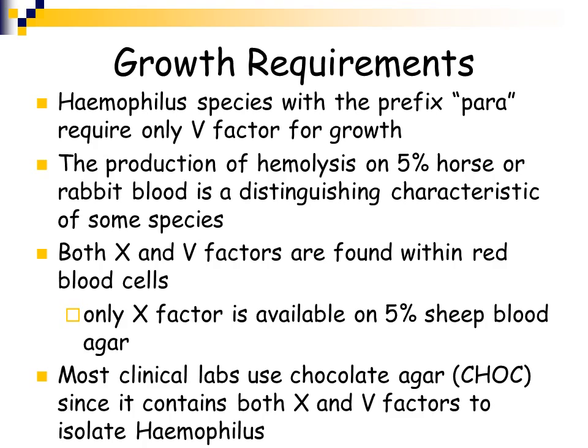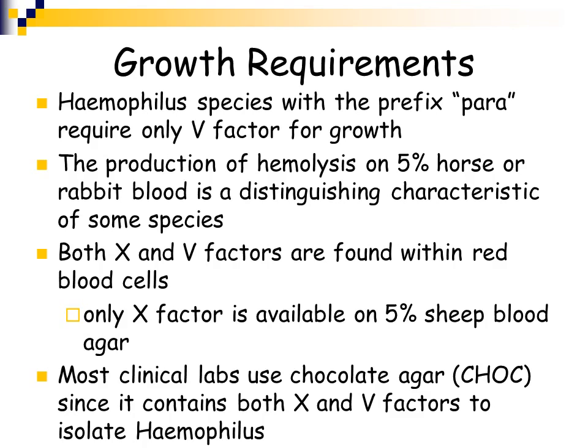Some of the species of Haemophilus will also hemolyze 5% horse or rabbit blood. That's another distinguishing characteristic, if they cause hemolysis when grown on horse or rabbit blood agar.